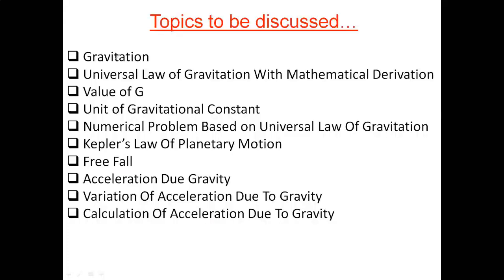The topics to be discussed in this video are gravitation, universal law of gravitation with mathematical derivation, value of capital G, which is also called universal constant, unit of universal constant, numerical problems based on universal law of gravitation, Kepler's law of planetary motion, free fall, acceleration due to gravity, variation of acceleration due to gravity, and at last we will calculate the value of acceleration due to gravity, that is small g.